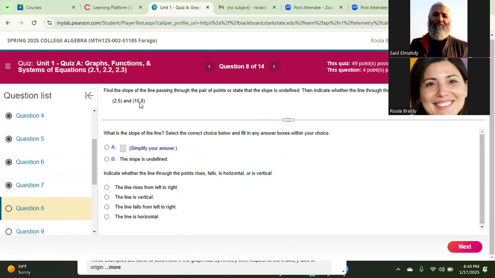Okay, let's see. Now find the slope. I memorized the equation at least. Find the slope of the line passing through the pair of points, or state the slope is undefined. Then indicate whether the line through the points rises, falls, is horizontal or vertical.